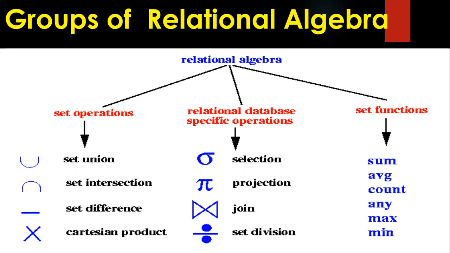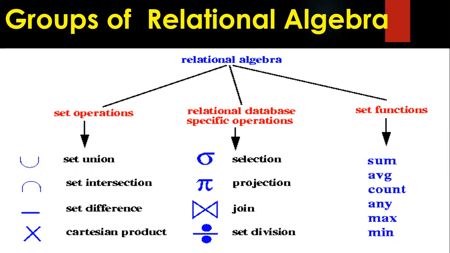In set operations we'll study union, intersection, set difference, and cross product or Cartesian product. Specific operations for relational database are selection, projection, join, and set division.